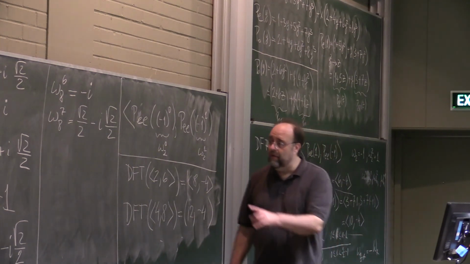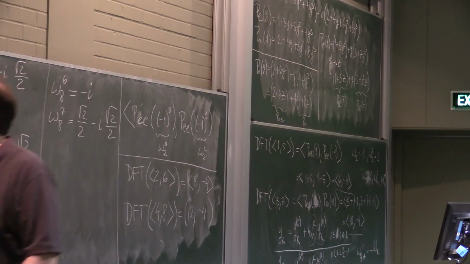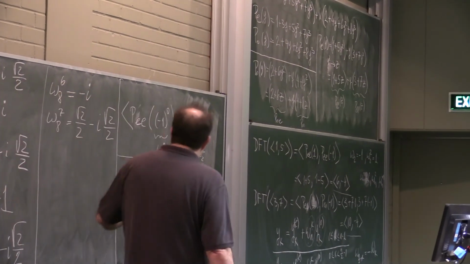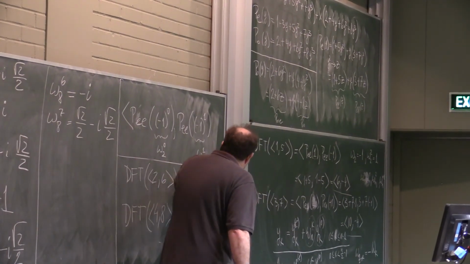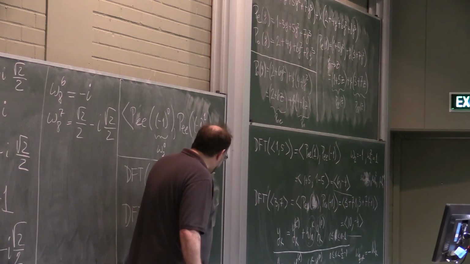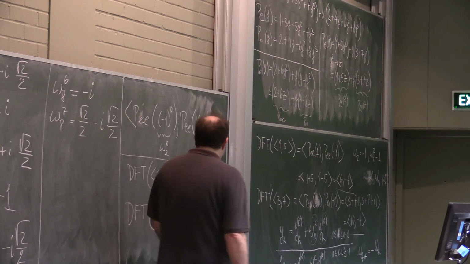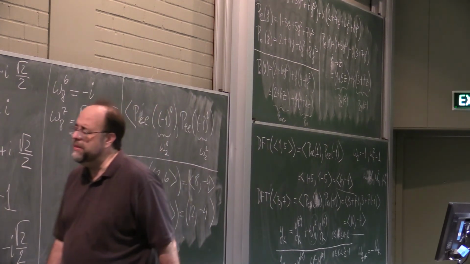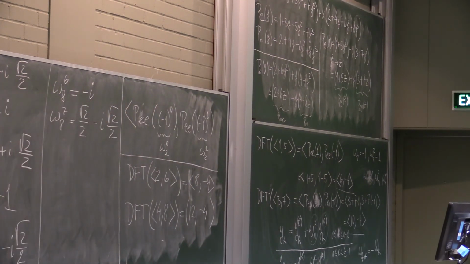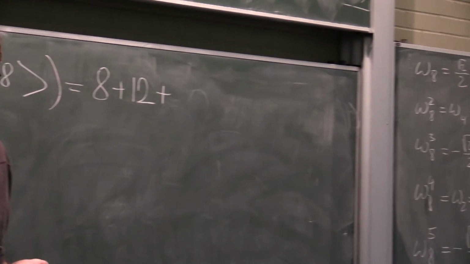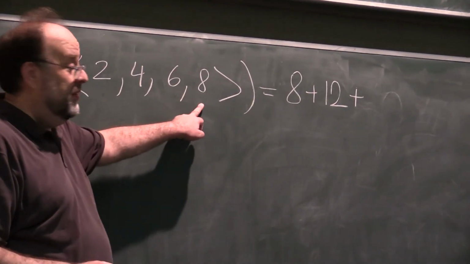Right? And so now I can calculate the value of this. I get the first component here plus 1 times this component. So it's 8 plus 12. Plus now the root of unity of order 4.